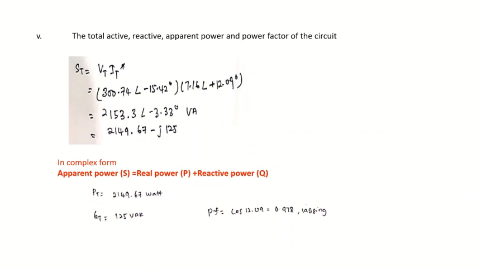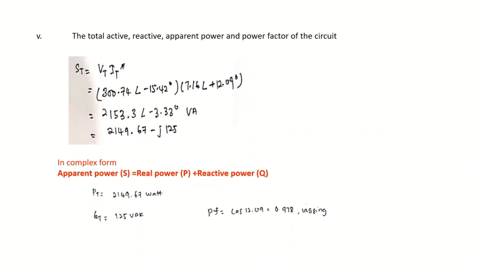Thus we can directly get the real power, or the total active power, equivalent to 2149.67 watts, and your reactive power is 125 VAR.